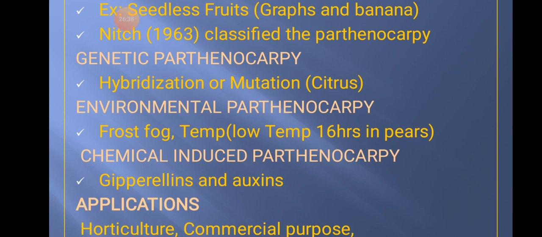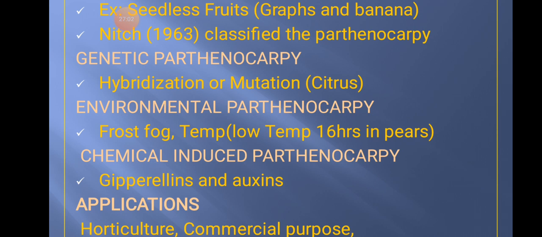Heritable means the DNA changes, which will change the overall plant characters. It will also help us produce commercial usages. Then environmental parthenocarpy: frost, fog, low or high temperature. We artificially give these environmental conditions, and parthenocarpy can happen.